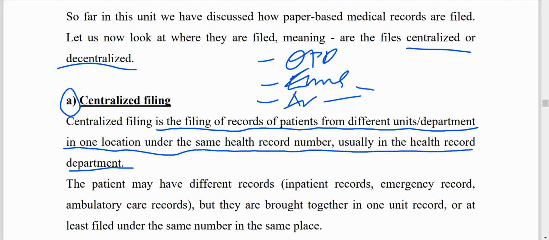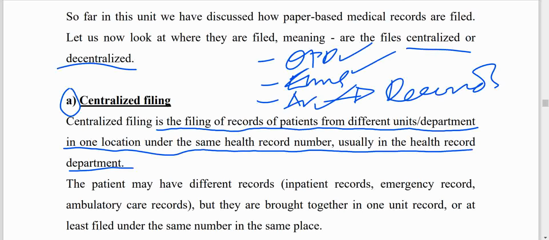So each and all of these departments has been generating records. In the case of centralized filing, if your facility is using that system, it means at the end of the day, you must go to all these departments and collect the records of Mr. Wang and bring them together in one location under one health record number, and then you will file them in the health records department.